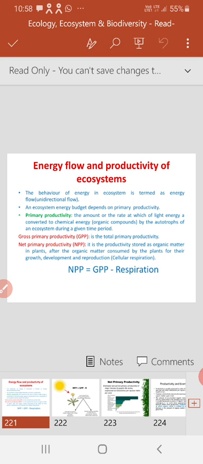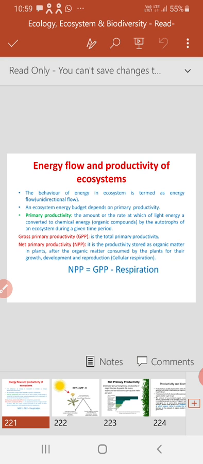It means the amount of energy which is produced by the autotrophs, or we can say the plants, out of this gross primary productivity, the plant will consume energy for its own work, for its own growth, development, and reproduction.